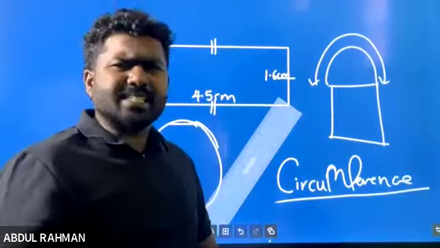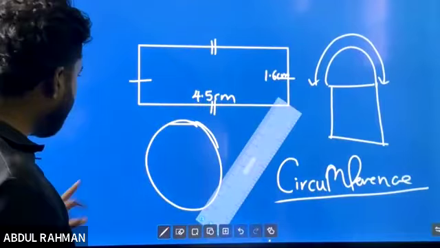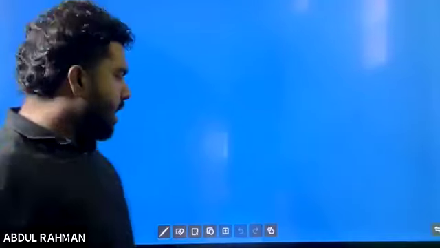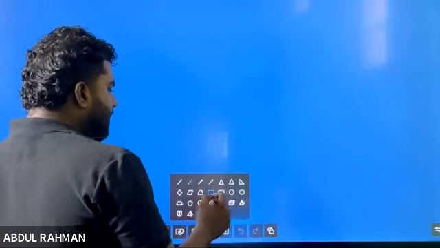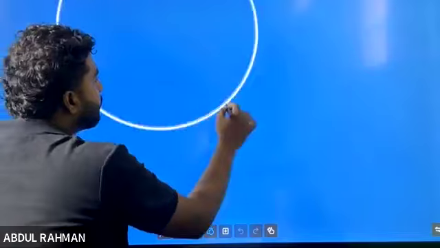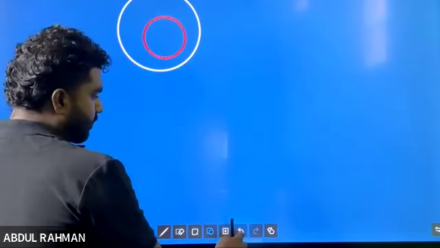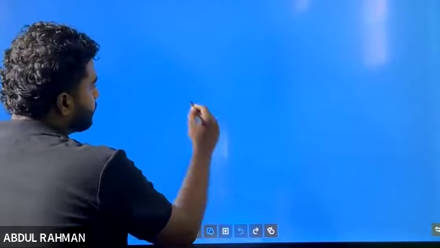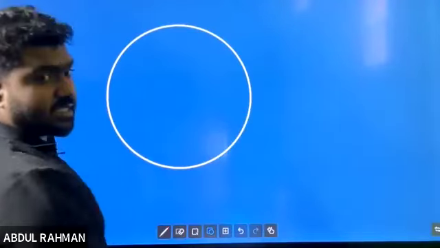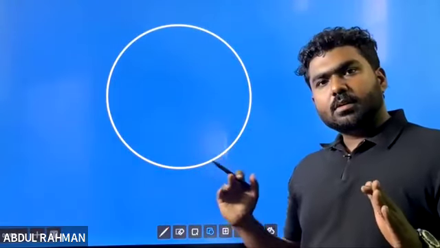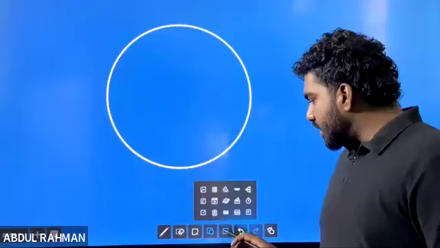Circumference. What is this circumference? Let me explain what this circumference is. Circumference is always defined for a circle. I have a circle here. Now, what is the length I can measure in a circle?